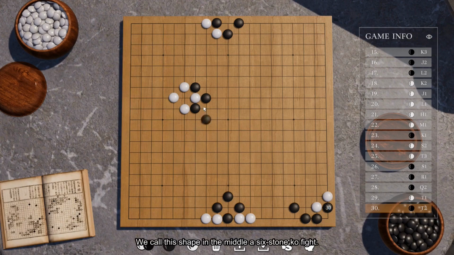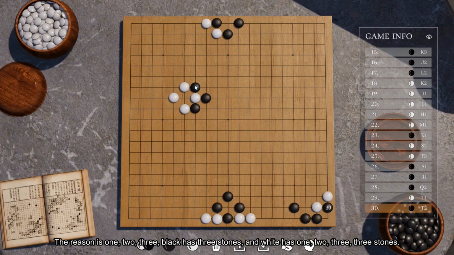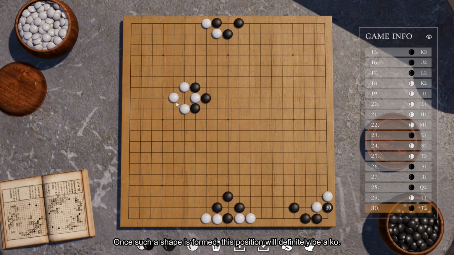We call this shape in the middle a 6-stone KO fight. The reason is 1, 2, 3. Black has 3 stones, and white has 1, 2, 3 stones. Once such a shape is formed, this position will definitely be a KO.